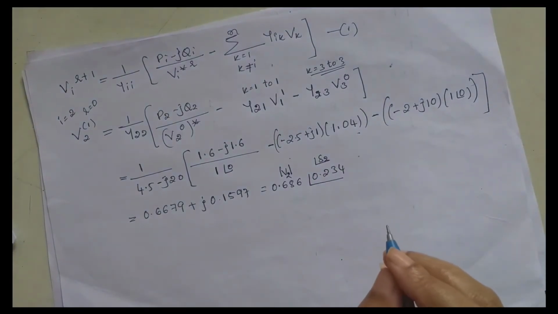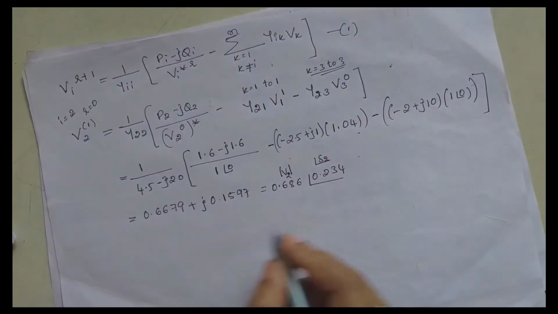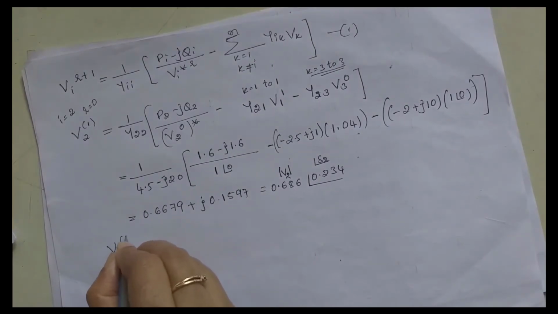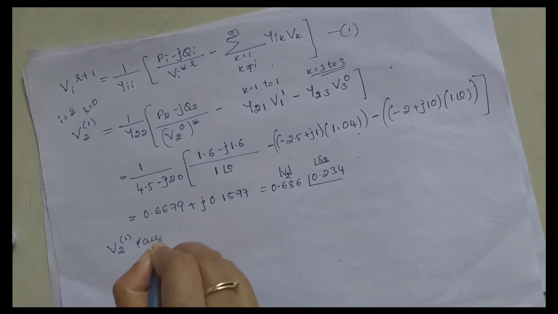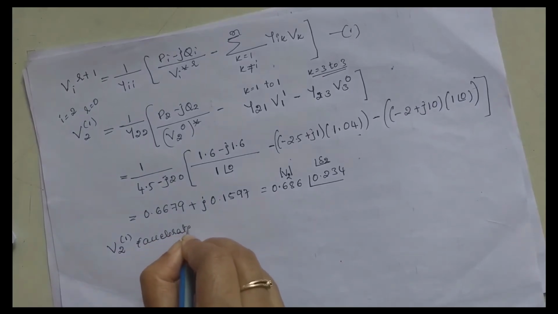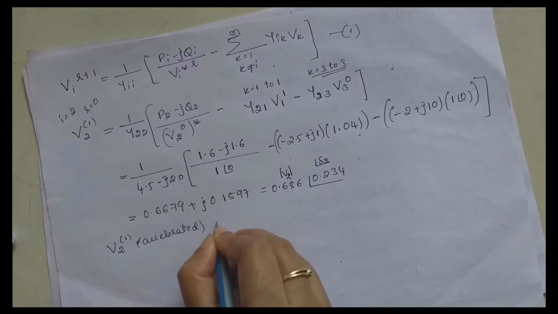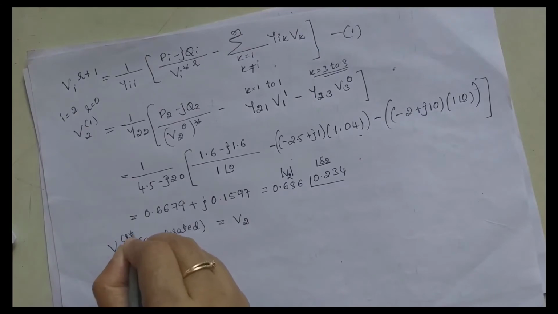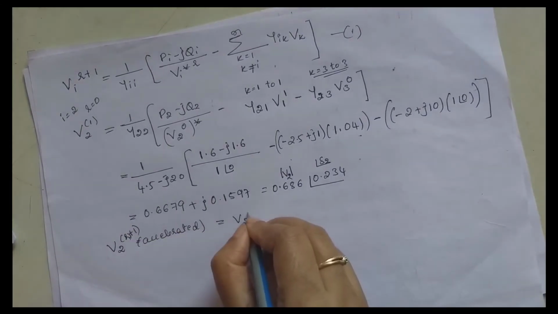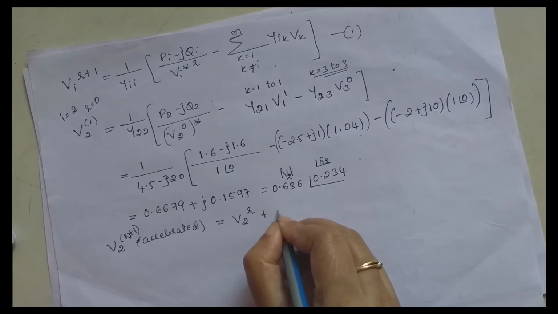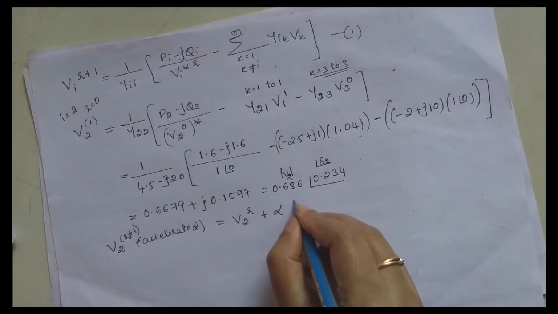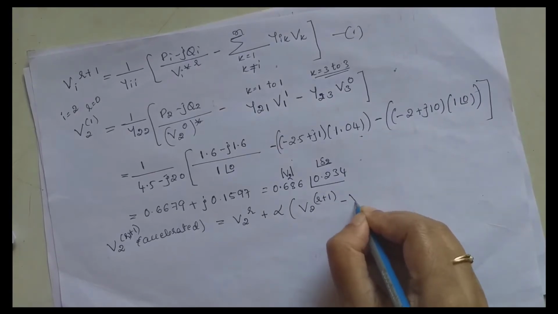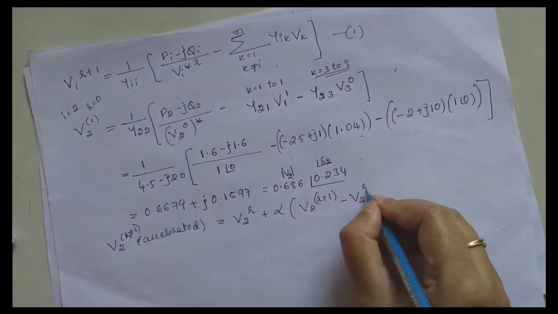So the acceleration factor is given. V2 accelerated, the formula is V2 r plus 1 accelerated is equal to V2 r plus alpha into V2 r plus 1 minus V2 r.